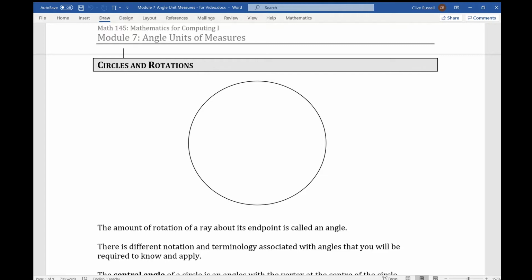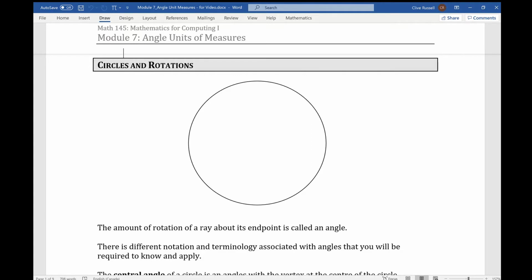We will be introducing another unit of measure called the radian, and we'll be converting from degrees to radians, then from radians to degrees, and we'll look at some interesting applications of such. Right, so let's get into it.